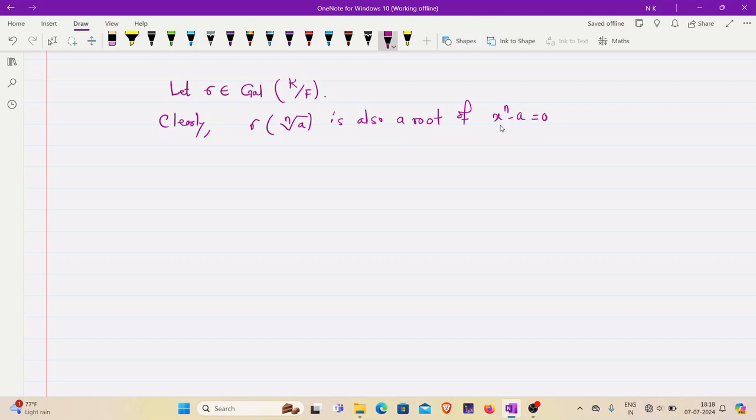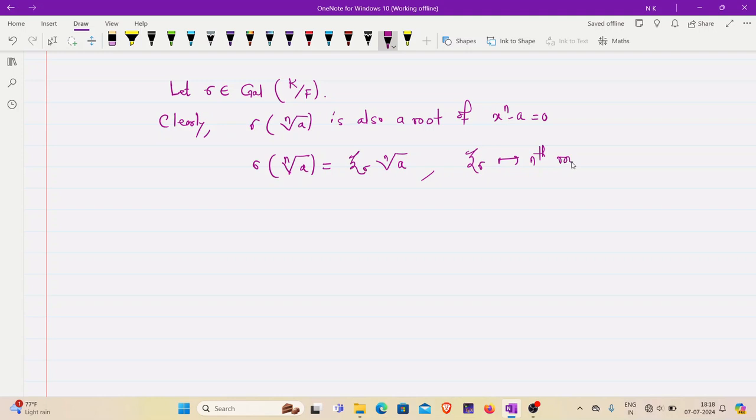So sigma of nth root of a can be written as xi_sigma times nth root of a, where xi_sigma is an nth root of unity.